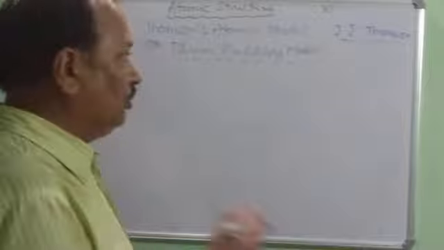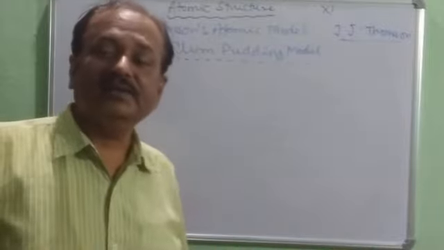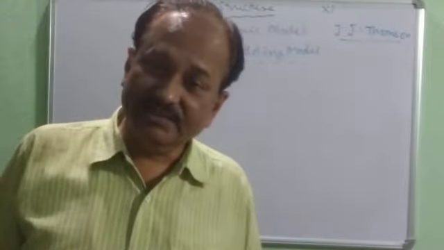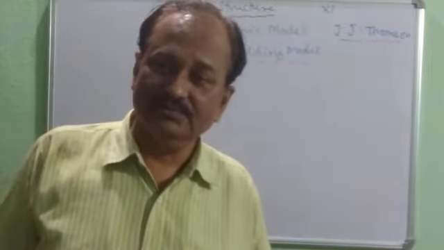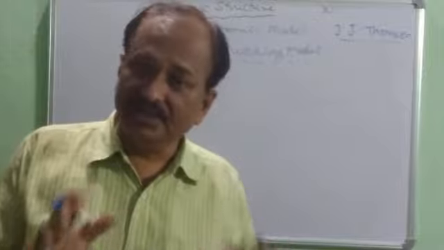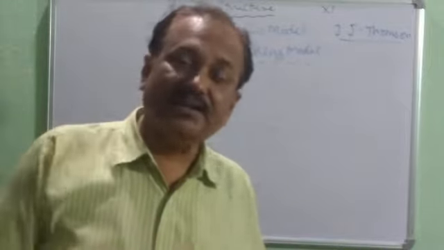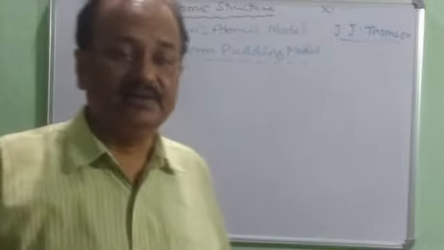Thomson said that the atom is a ball-like structure which is positively charged, and negatively charged particles are scattered throughout, just embedded.